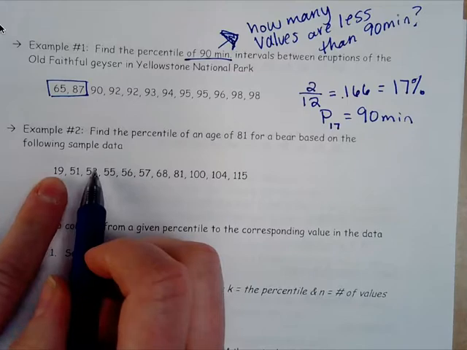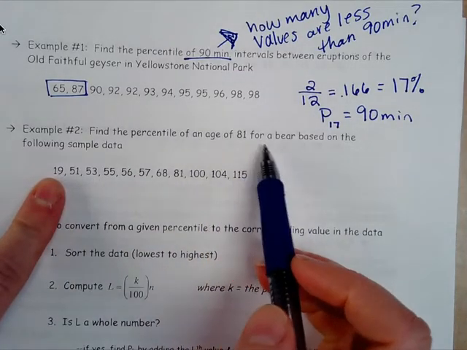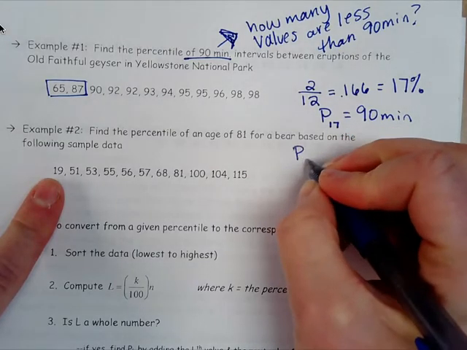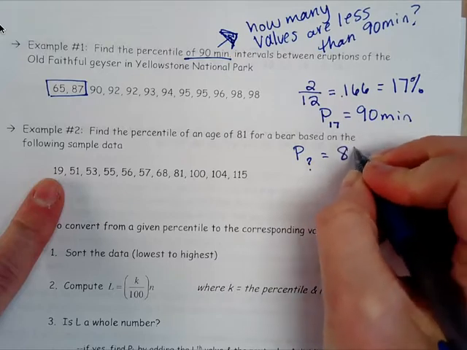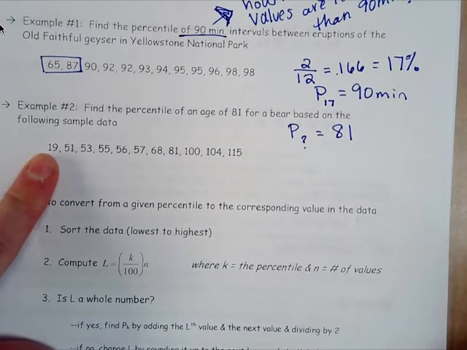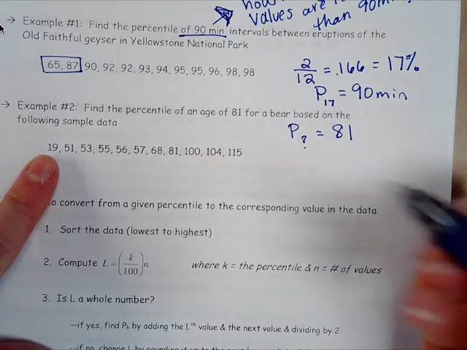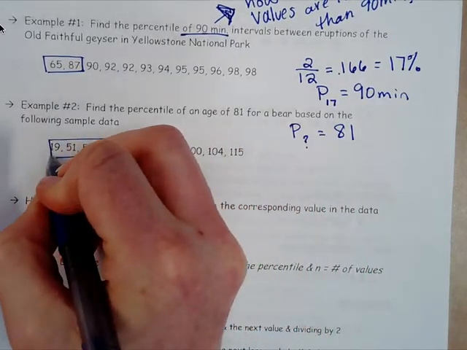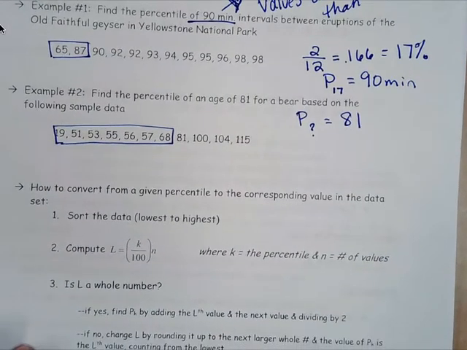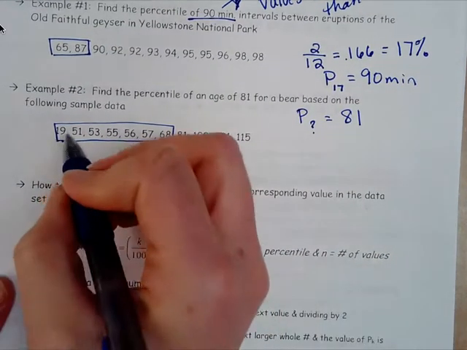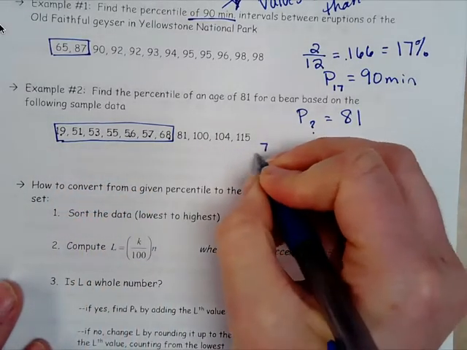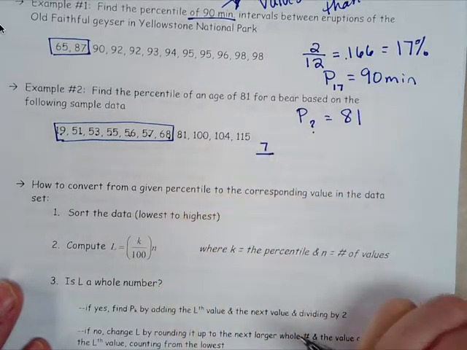So let's look at the next one. Find the percentile of an age of 81 for a bear based on the following data. So we are saying P of what gives us 81. So we're looking at how many values are less than 81. So put a little box around all those values. So 7 of them out of 11.